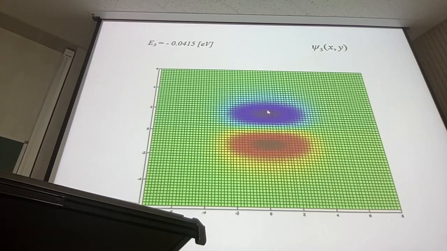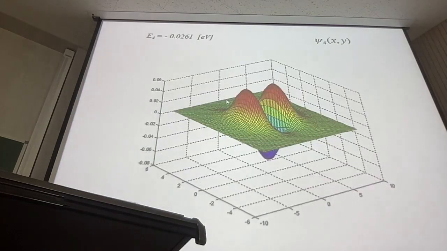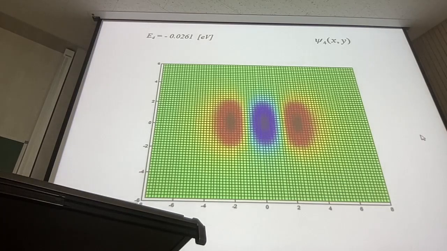So if it oscillates along the y-axis, it has a higher eigenvalue. So it is the third eigenstate. And the fourth one looks like this. This oscillates along the x-axis, and this is the eigenvalue.